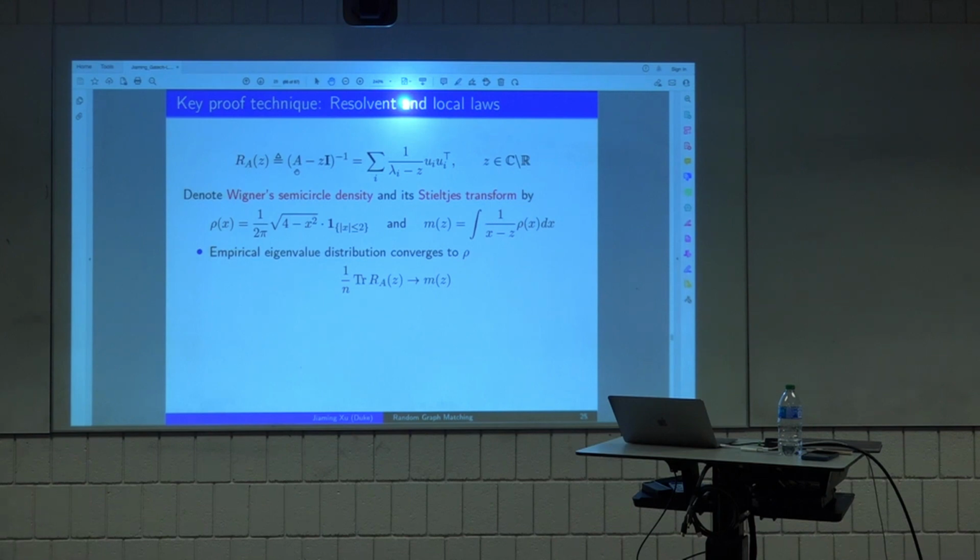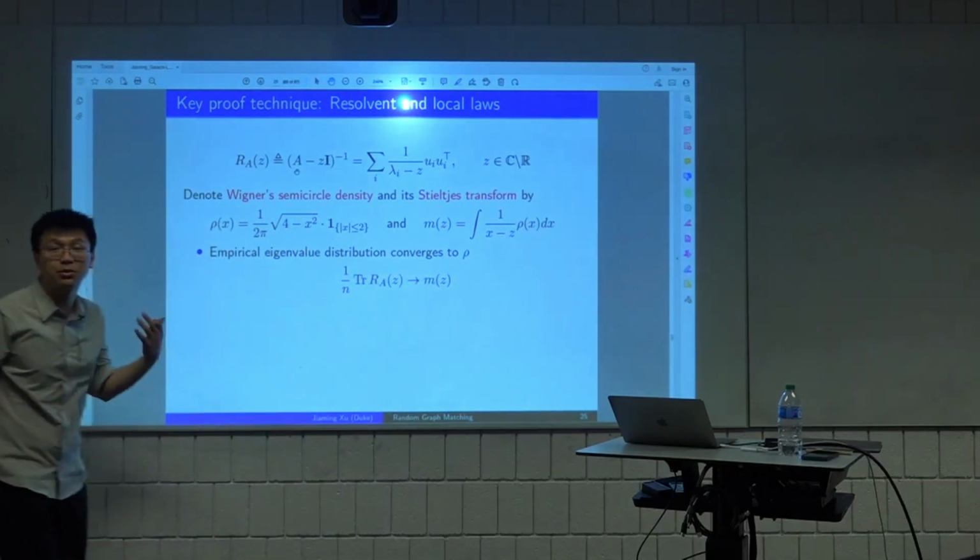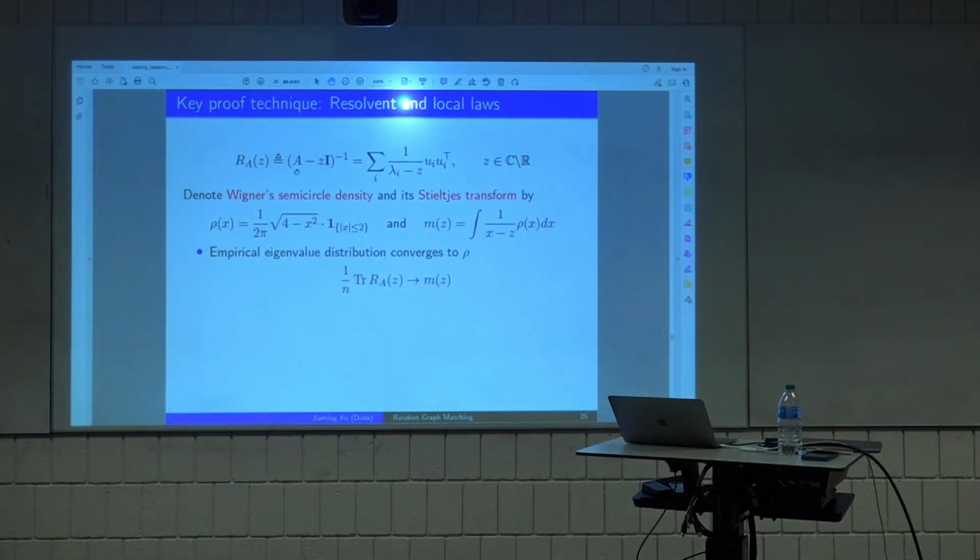If you take the trace of the resolvent, using this eigenvalue decomposition form, you take the trace of u_i u_i transpose, that's just 1, so that's why you end up with this.